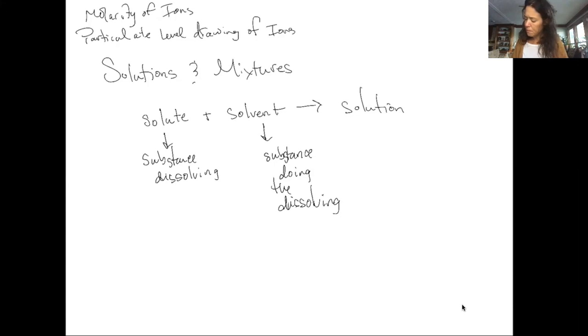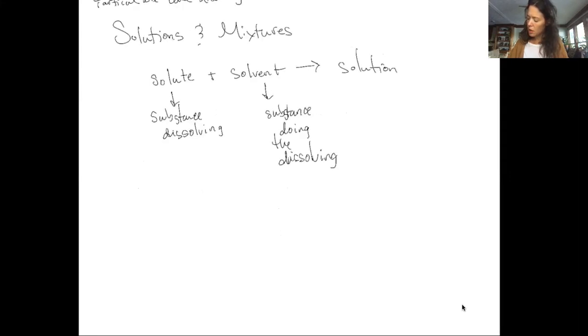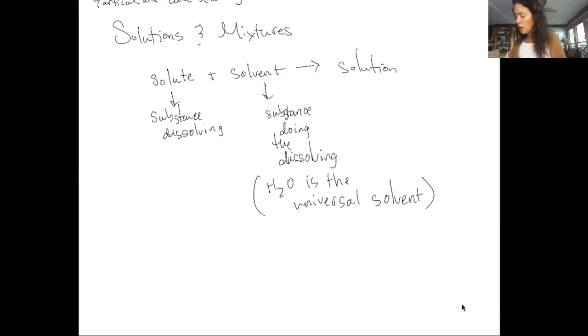I'm going to add something to my list, process of solution. Okay, and so the solute is always present in a lesser amount. The solvent is always present in a greater amount. Water is the universal solvent. Okay, that's just something that's said because so many different things dissolve in water. Okay, and it's most often the solvent that we'll see.